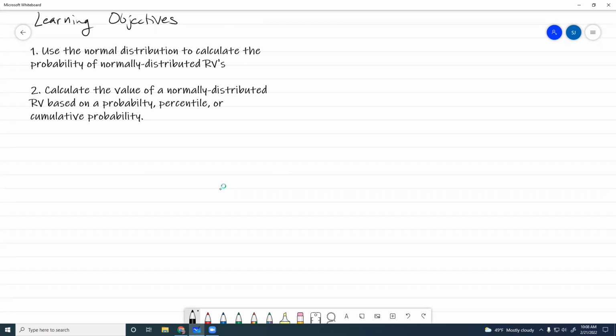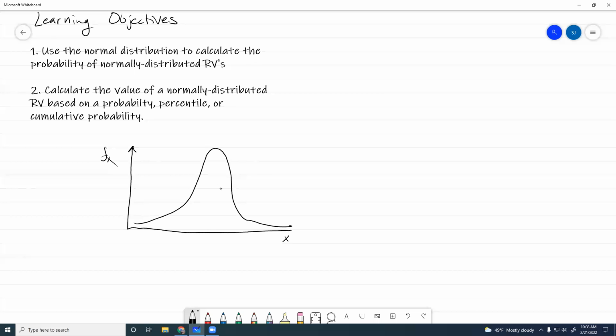Okay, so let's look at that normal distribution again. We've got our mean right here in the middle.